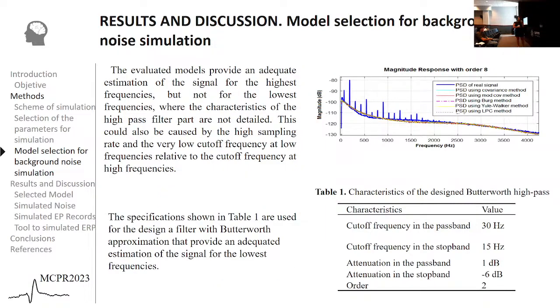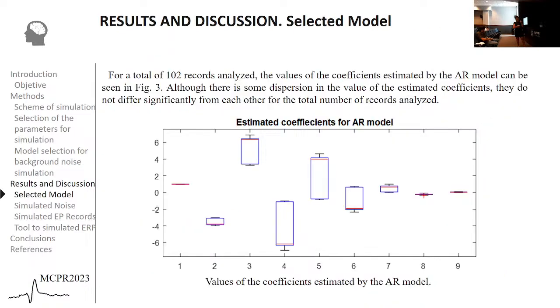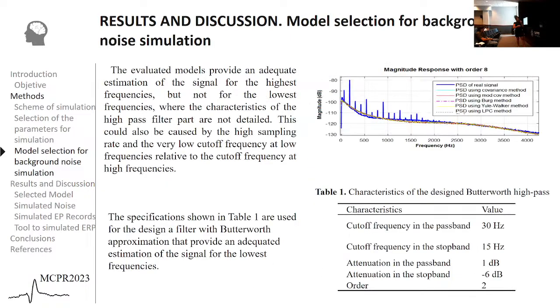The evaluated model provides an adequate estimation of the signal for the highest frequency in this part, but not for the lowest frequency, where the characteristics of the high-pass filter are not detailed.